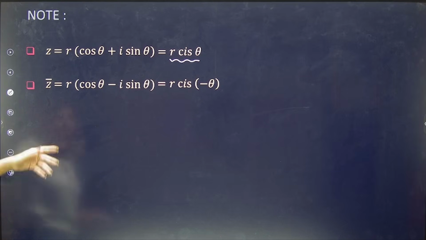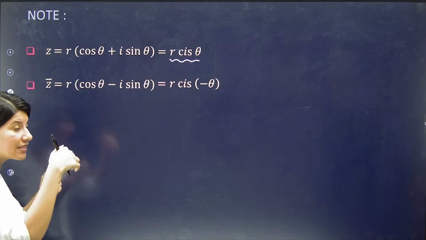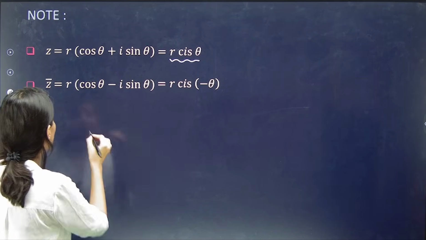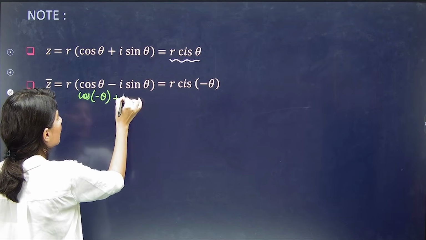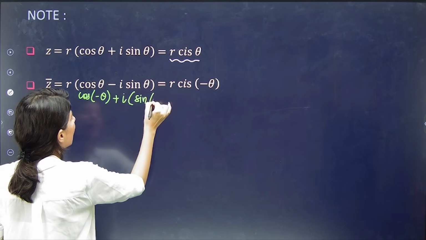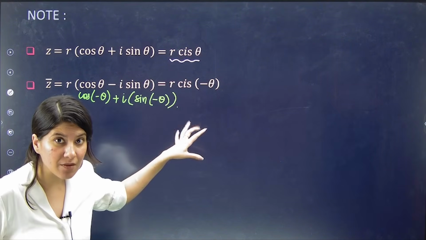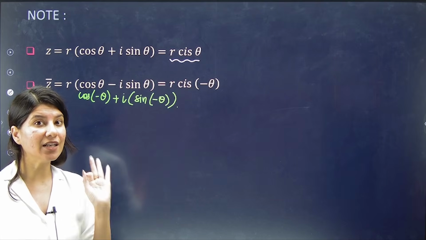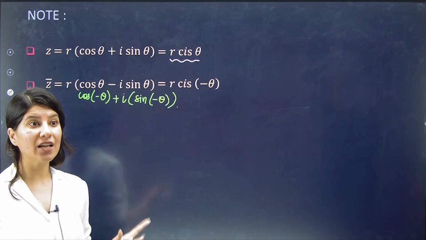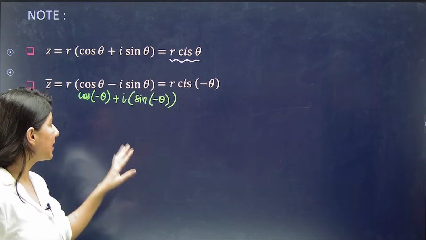Now, this cos theta minus iota sin theta can also be written as cos of minus theta plus iota sin of minus theta. Why am I doing that? Because I want my polar form to be in standard form, and standard form suggests that r should be there, cos theta plus iota sin theta should be there.